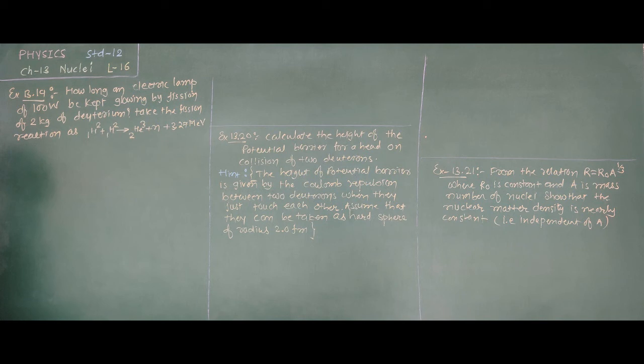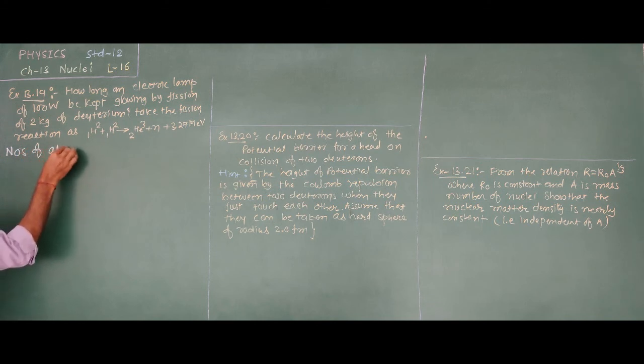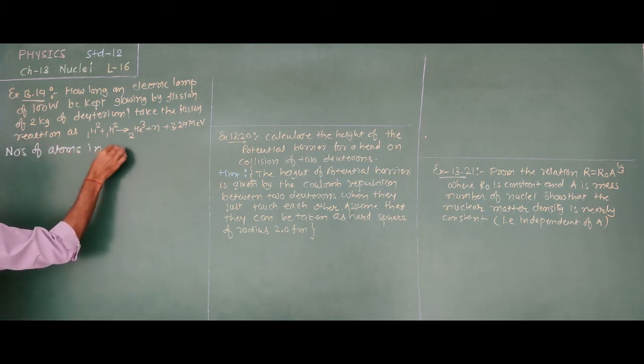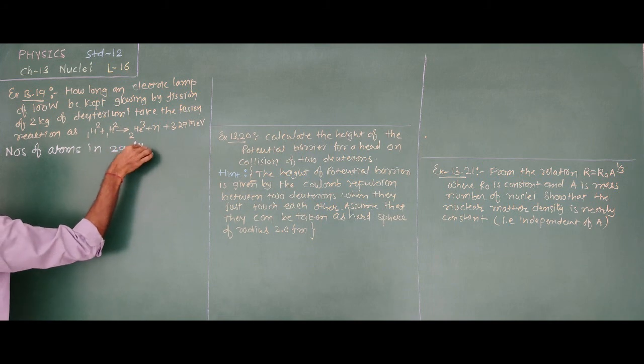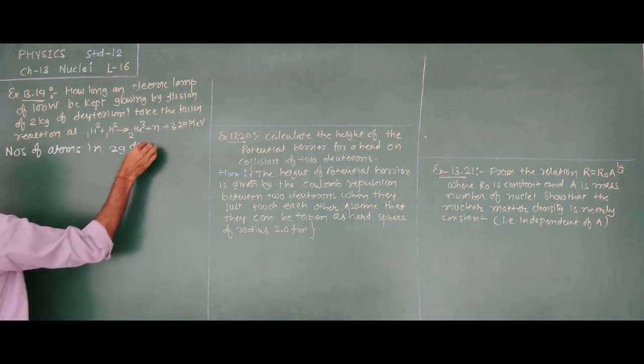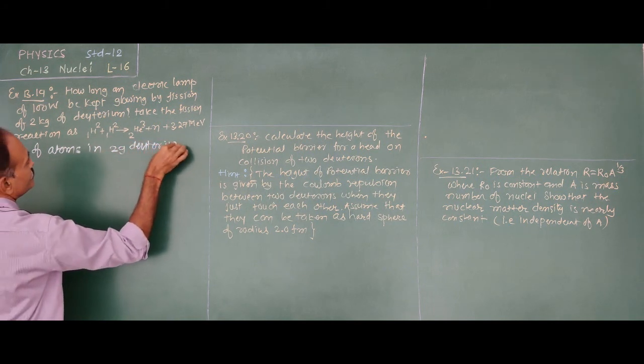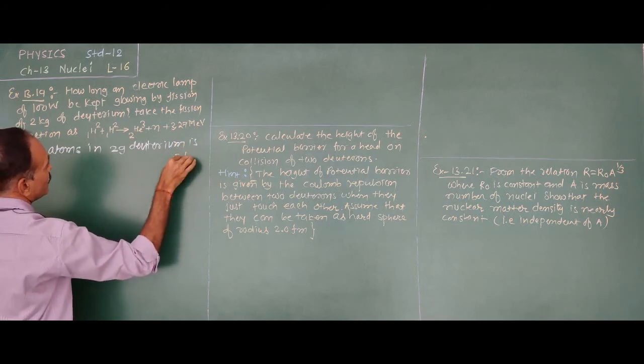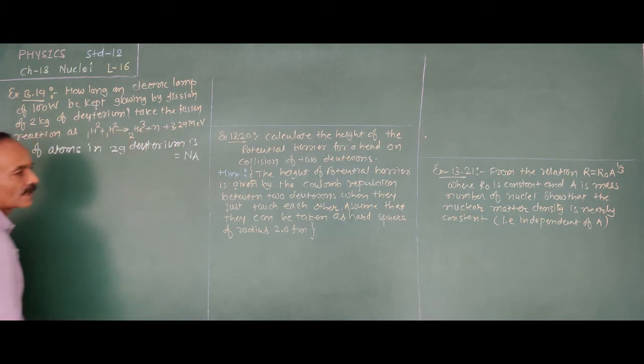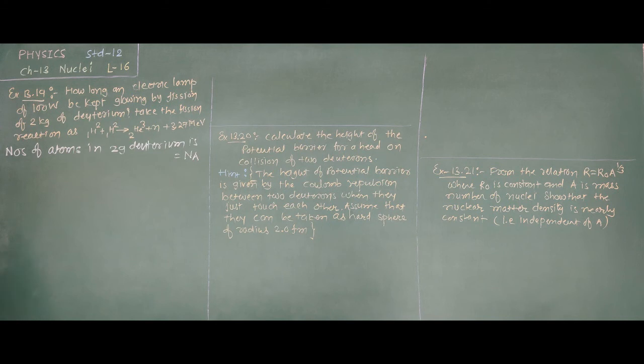For that purpose, the number of atoms in deuterium: the number of atoms in 2 gram deuterium is equal to Na, that is the Avogadro number.